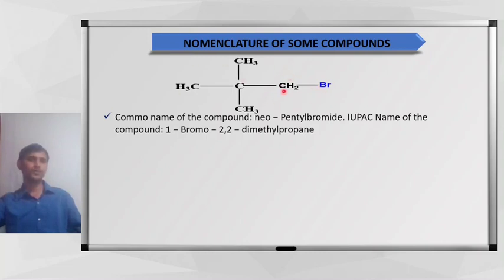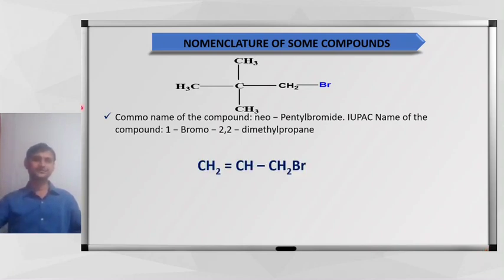So starting from 1-bromo, see the longest chain. This is the longest chain. 1, 2, 3 carbons are there. And position 2 contains what? 2 methyl groups. So this is 1-bromo, 2,2-dimethyl propane.